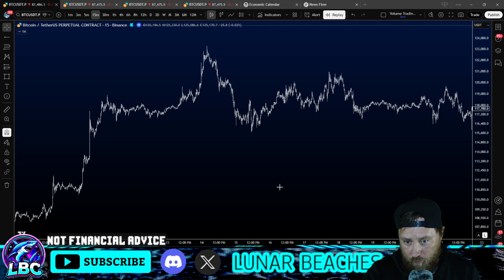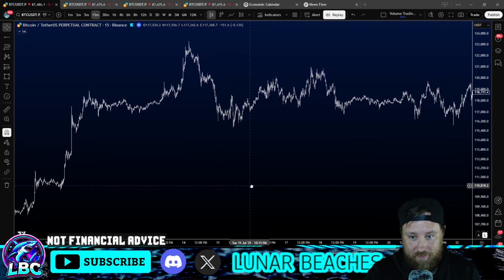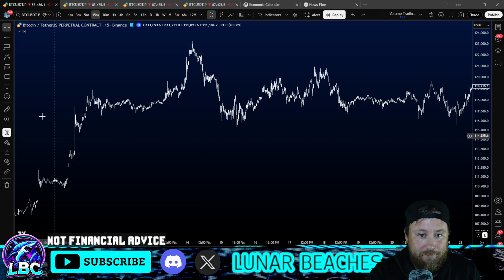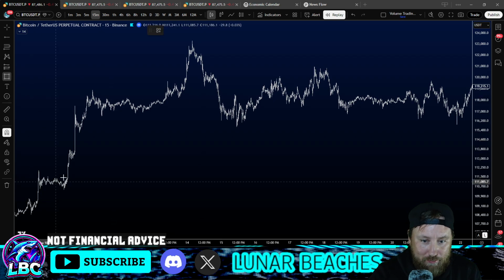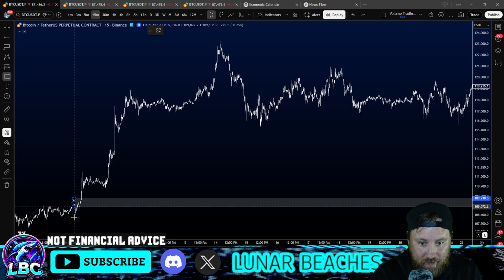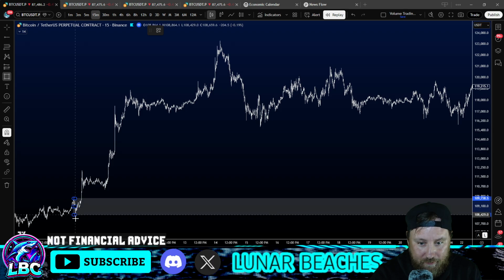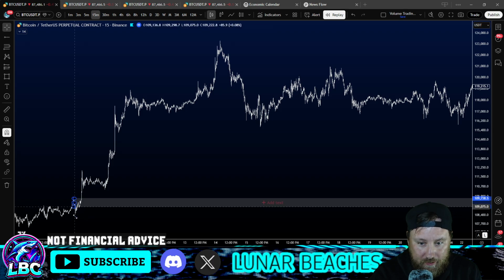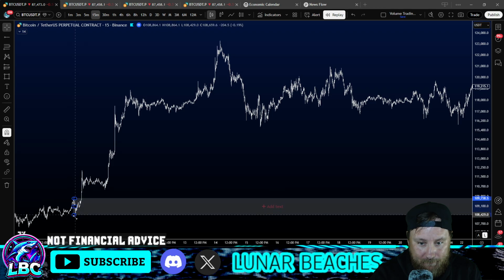So, looking at this chart, this is essentially what I just drew up. You see the big push here. We do get a big push here, so I'm just going to take this zone right here before the breakout. That is going to be key as well.